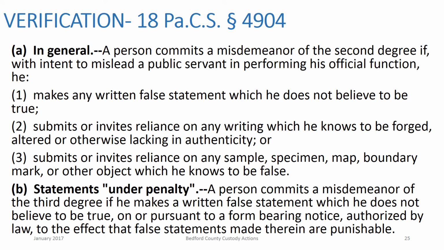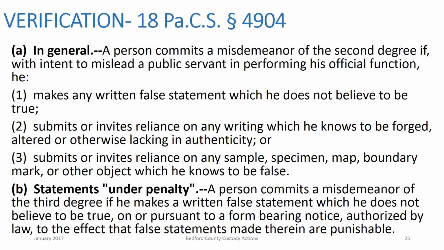In your IFP petition, as well as the complaint for custody and the criminal record and abuse history verification, you must sign the verification that what you have written is true. There are consequences if you put down something on one of these documents that you know is false.